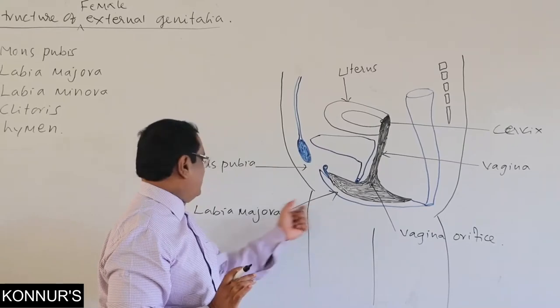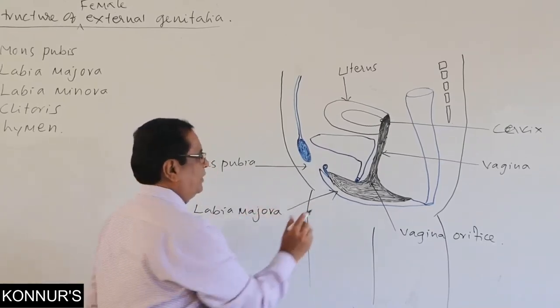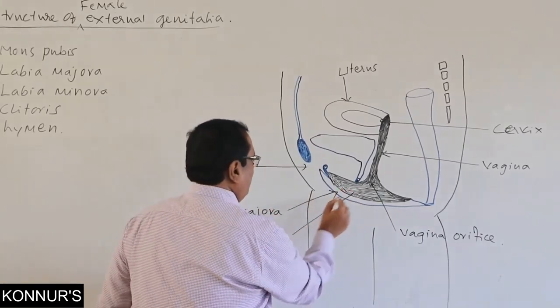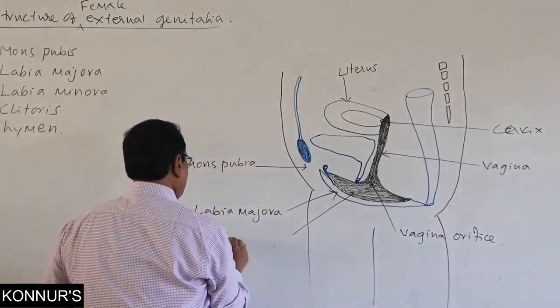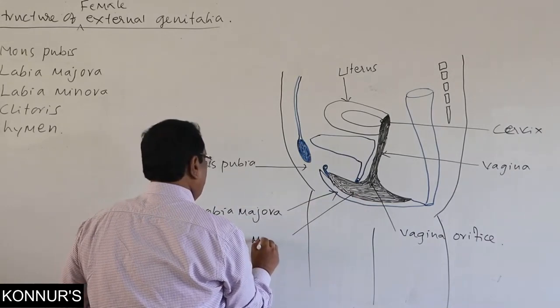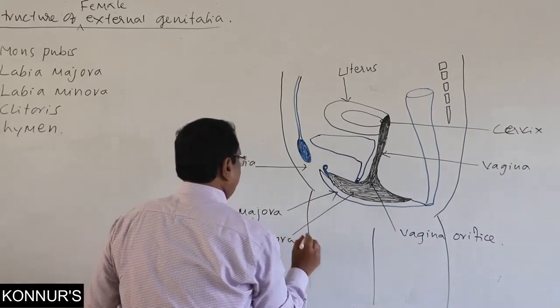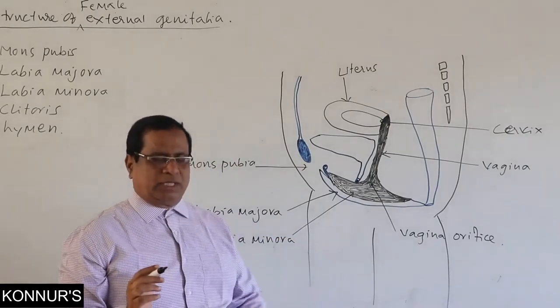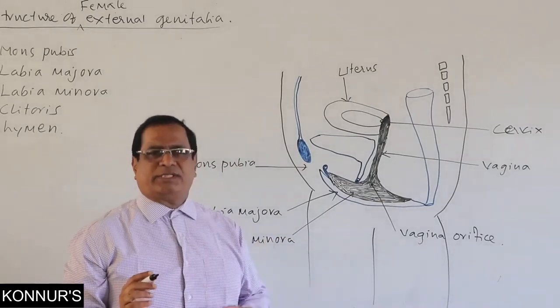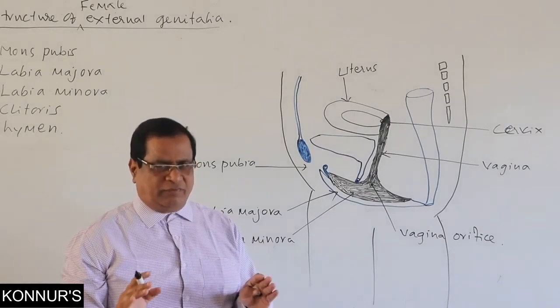Within the labia majora, there is one more pair of folds named labia minora. These are not fleshy folds.